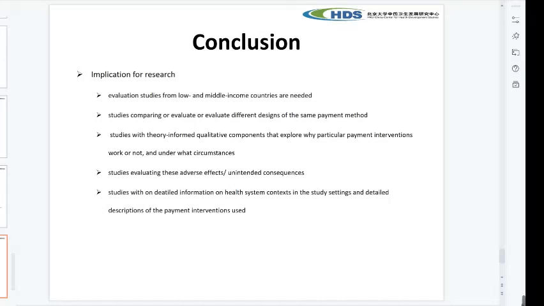We need more studies with a theory-informed qualitative component that can deeply explore why particular payment interventions work or not, and under what circumstances. And we need more studies evaluating adverse effects or unintended consequences.